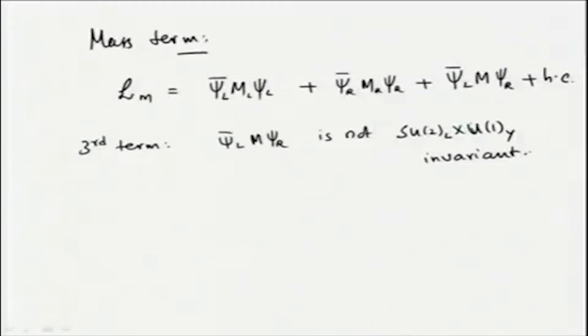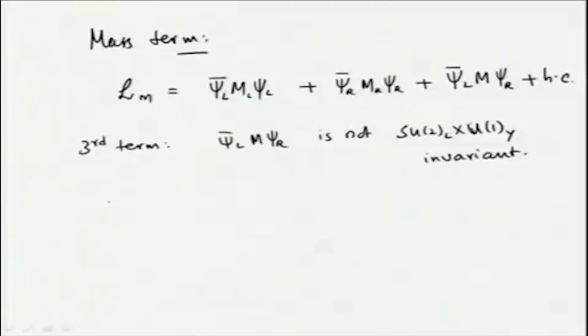That is because the doublet transforms in a particular way, including the SU2 part, and the right handed wave function field transforms without including any isospin part. So, this will not be conserved, there is no way to cancel that from the phase factors of psi R and psi L bar.